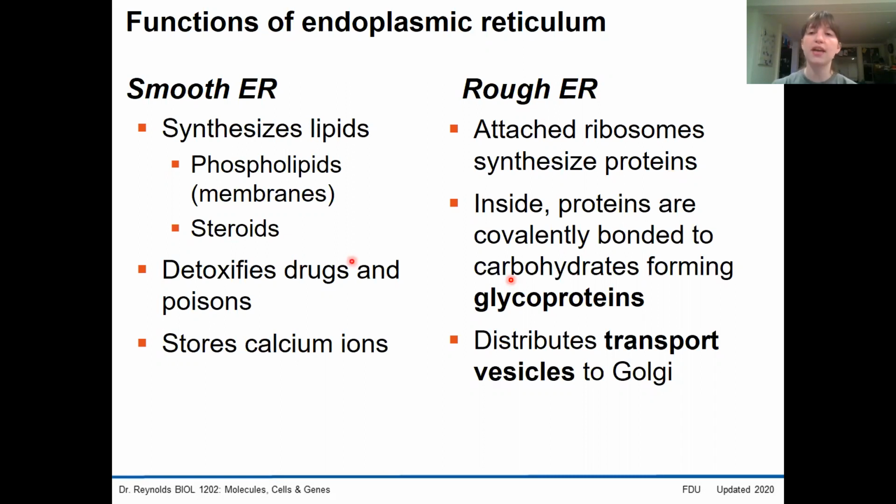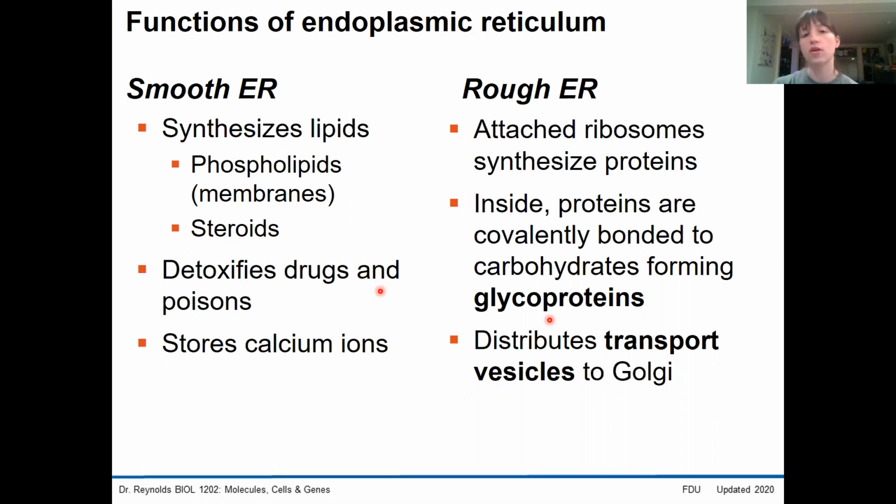Remember that the bond that forms between monosaccharides is known as a glycosidic linkage. So we call proteins with sugar groups attached to them glycoproteins. The only place where these glycoproteins are produced is in the lumen of the ER. So the only ribosomes that make glycoproteins are going to be rough ER ribosomes, so ribosomes attached onto the endoplasmic reticulum.